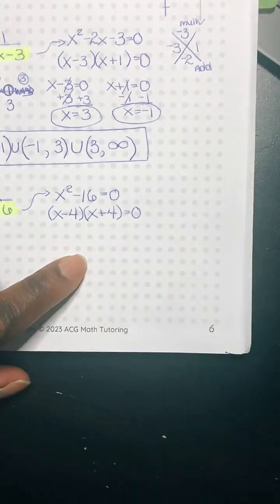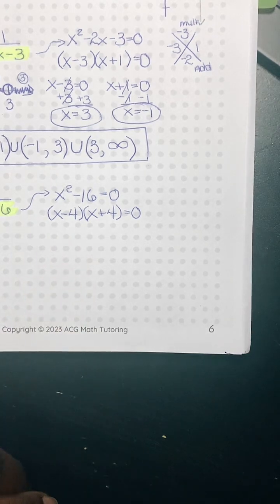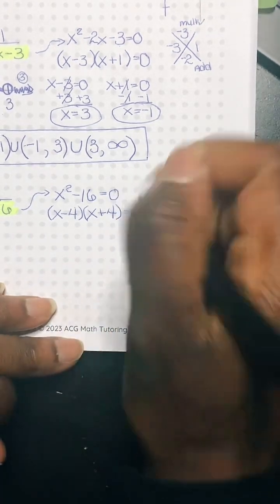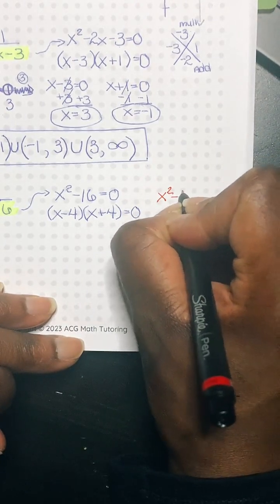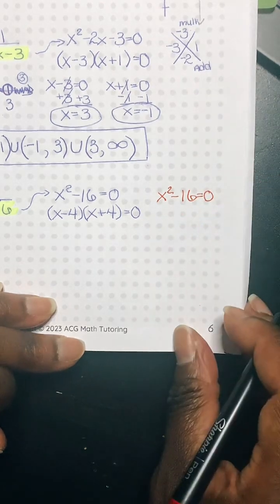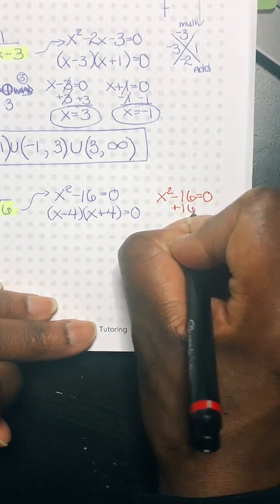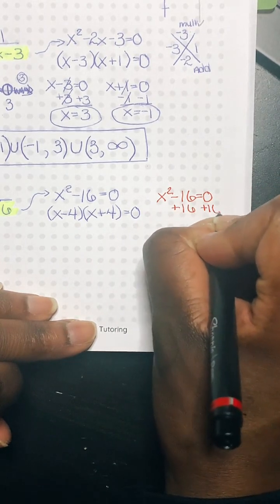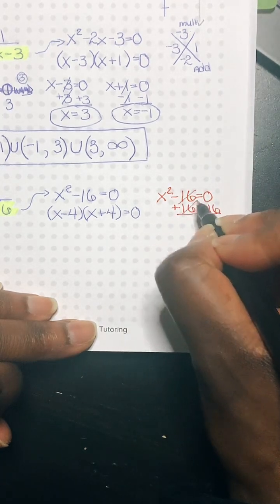Another way, let me change. Can't really see that color. So if I said my x squared minus 16 is equal to 0, I could add 16 on both sides. So the 16s will cancel out right here.